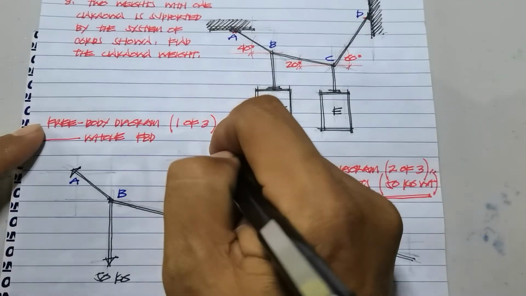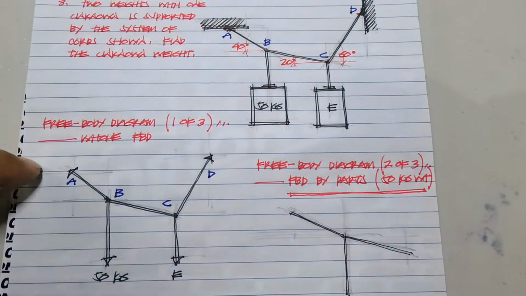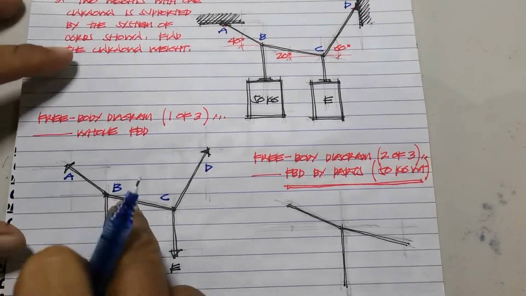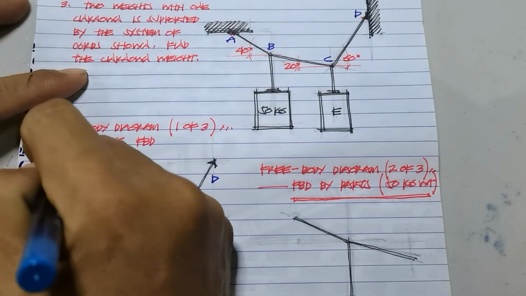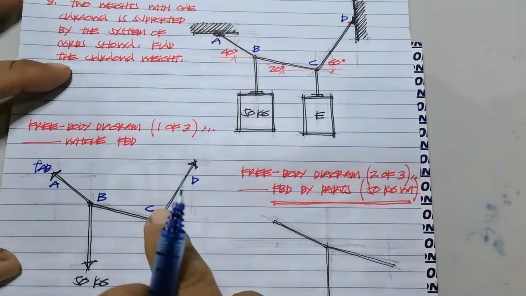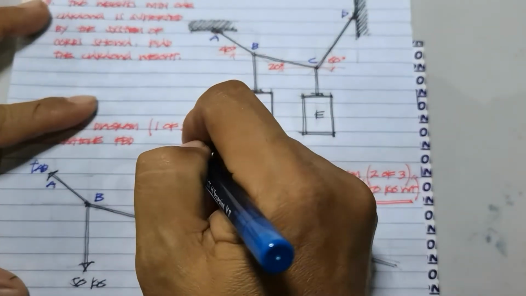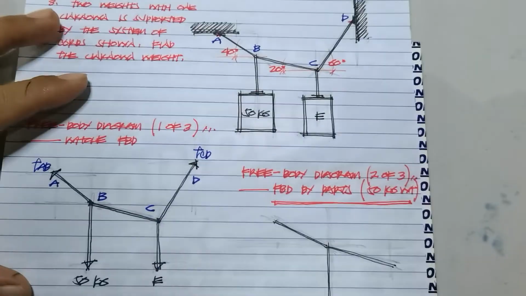So, ganun din dito, which is sa may CD. So, since yung cord natin dito is labeled as AB, lilabel ko siya as TAB. So, since yung cord natin dito, meron siyang direction CD, ililabel ko siya as TCD.